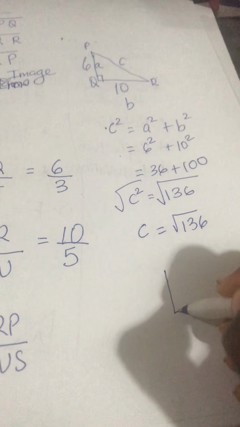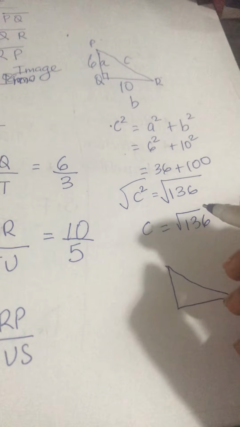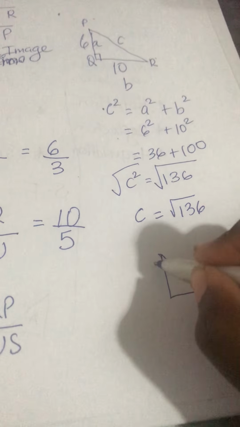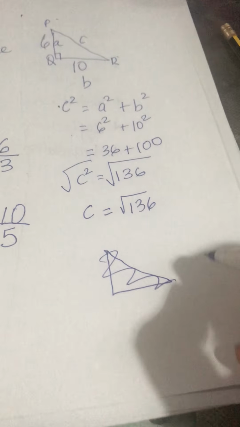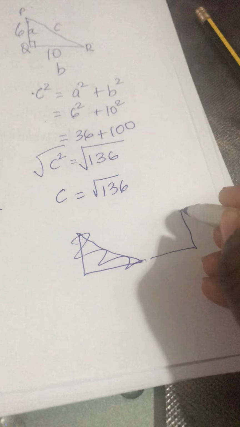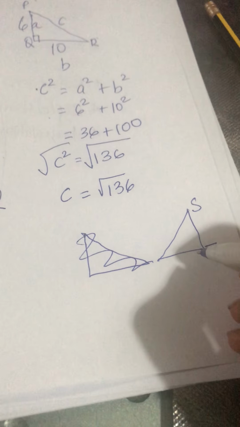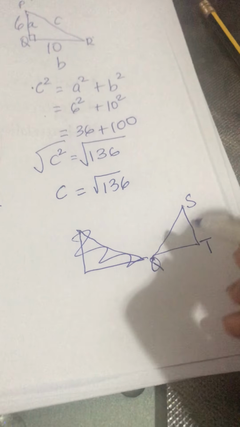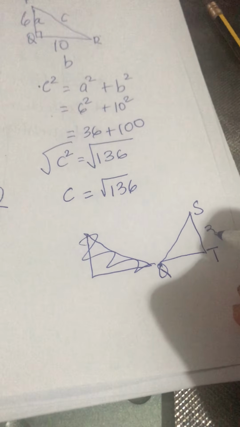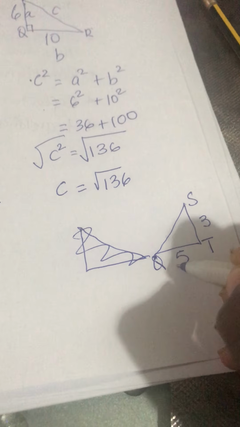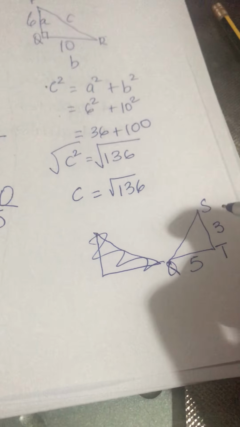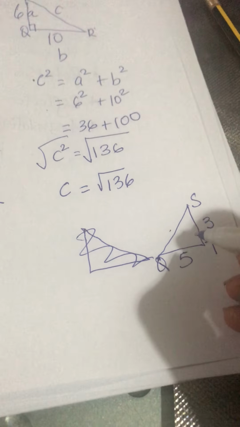Then I need to do the small triangle. And I should have drawn it the way it was drawn. ST. T, Q. S is 3, QT is 5. So we need to find this.